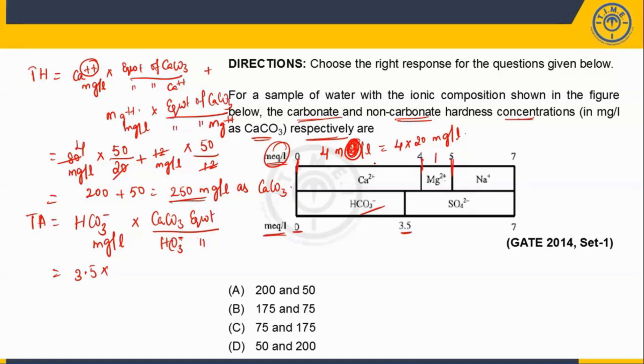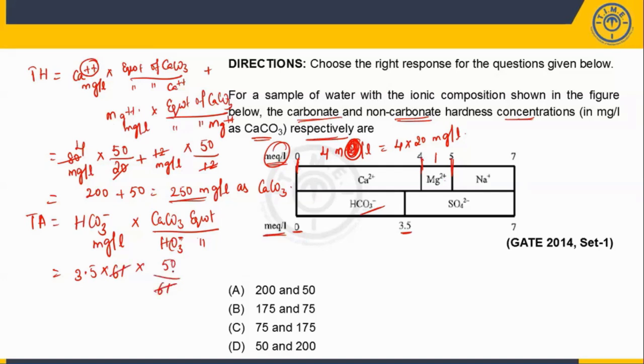Oxygen we have 3 times 16, that is 48. 13 plus 48 gives 61. So 61 mg per liter into CaCO3 equivalent weight, which is 50, over HCO3 equivalent weight, which is 61.